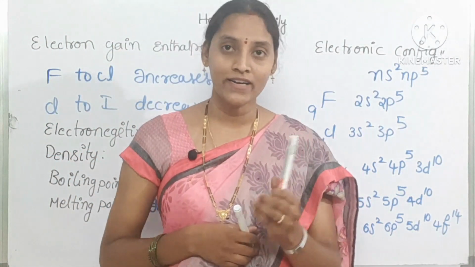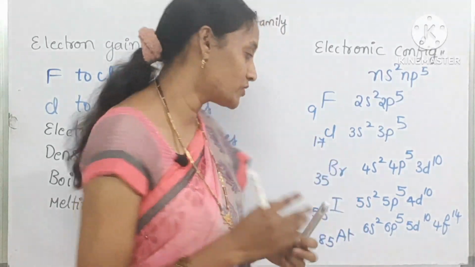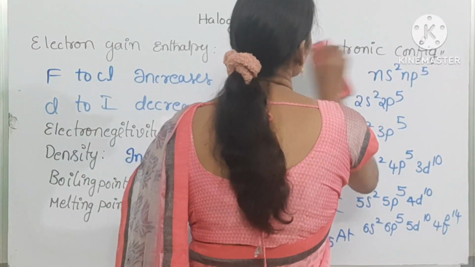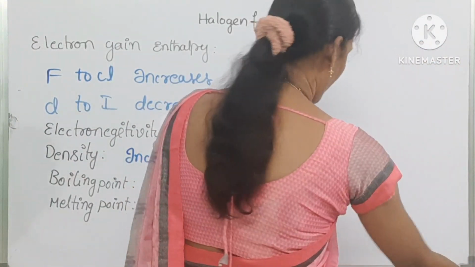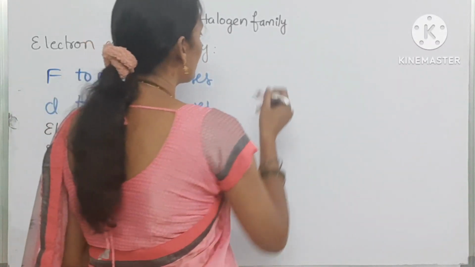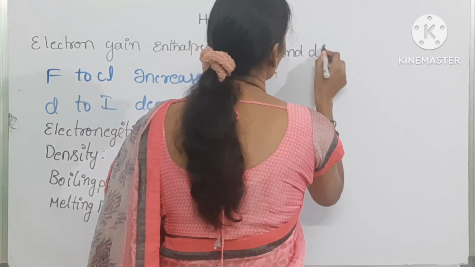Bond energy and bond distance, that is, bond dissociation enthalpy and bond distance. First, bond distance.